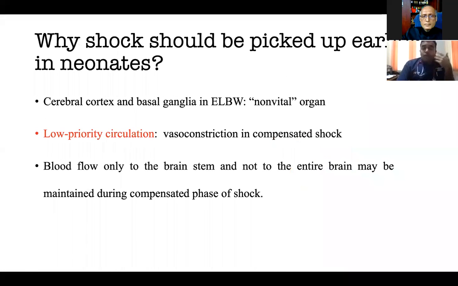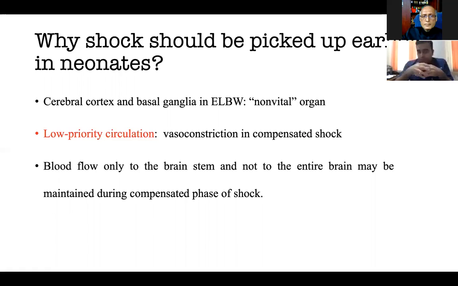Now, why should we be more concerned about picking up shock earlier in neonates? As you might know, in older children as well as adults, in the compensated phase of shock the blood pressure is maintained and blood flow to the vital organs, for example the brain, the heart, and adrenals, is preserved. But in neonates, one peculiarity is that the cerebral cortex and basal ganglia behave as non-vital organs.